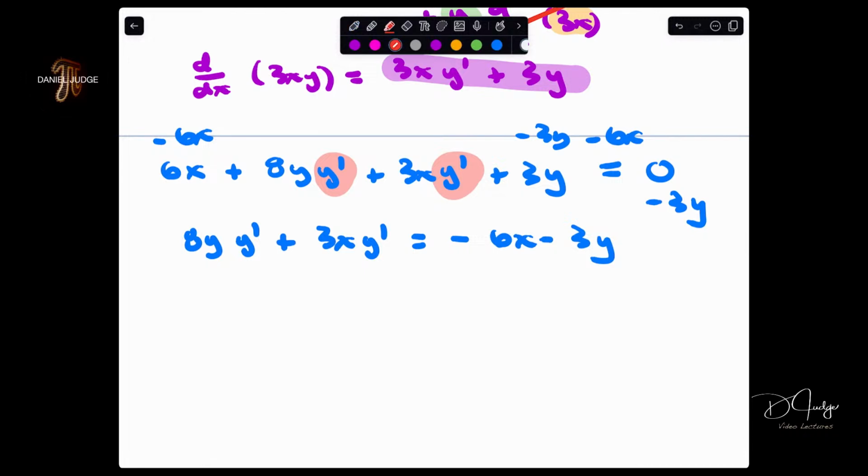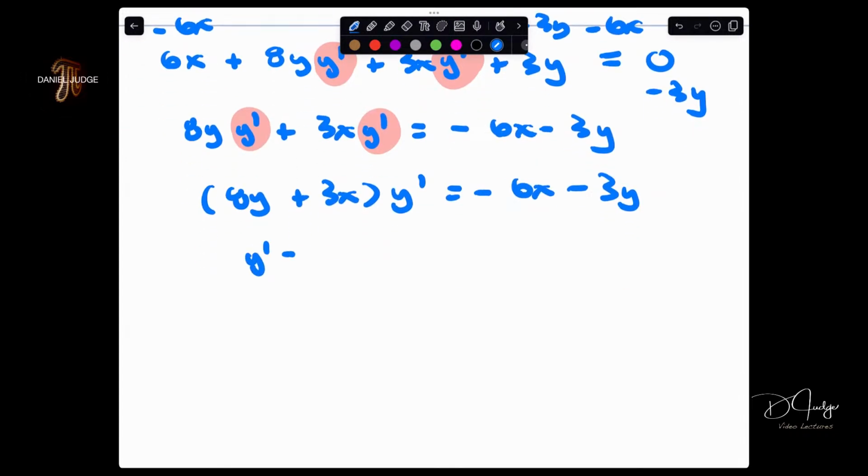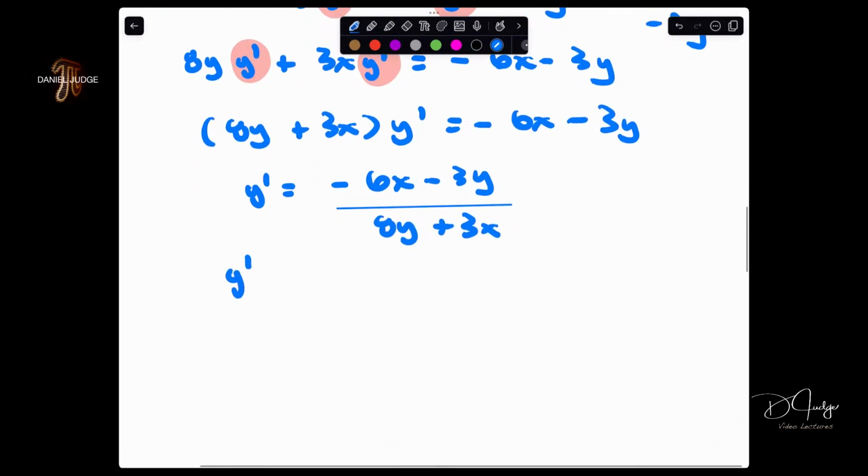So as we solve for y prime, which is the second portion of implicit differentiation, we're going to factor out the y prime. And you end up with negative 6x minus 3y. So that y prime becomes negative 6x minus 3y over 8y plus 3x.